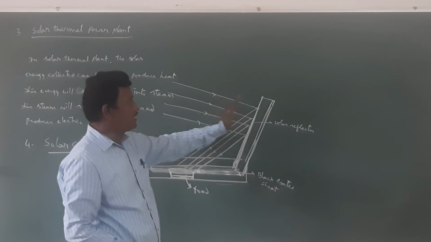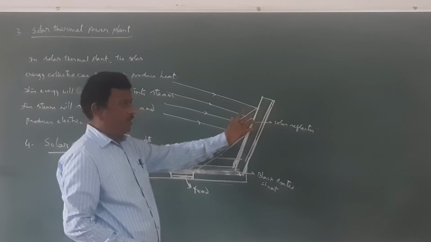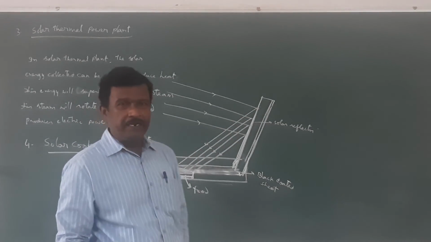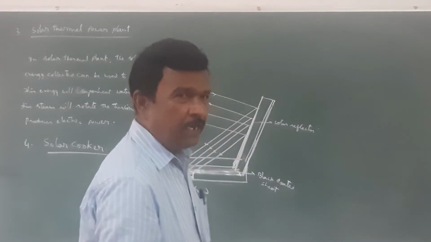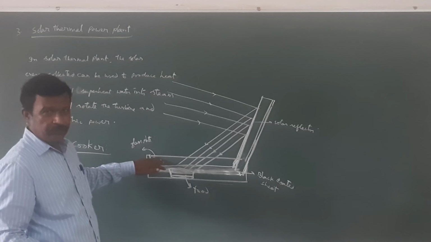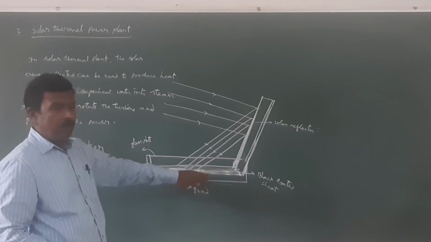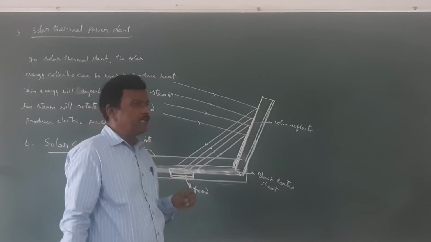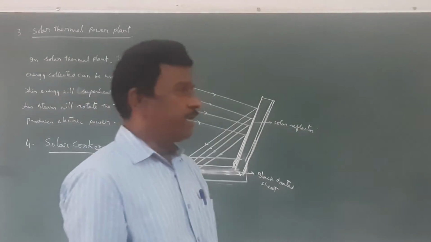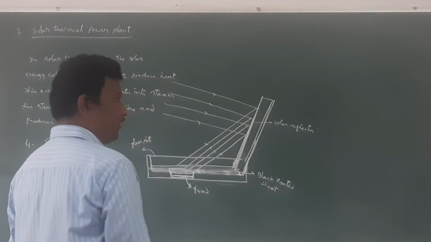When solar radiation is incident on the reflector, it is reflected back and incident on the food material kept at the bottom of the box and covered with a glass lid. This material, after receiving solar energy, will get heated up and food material can be boiled effectively.